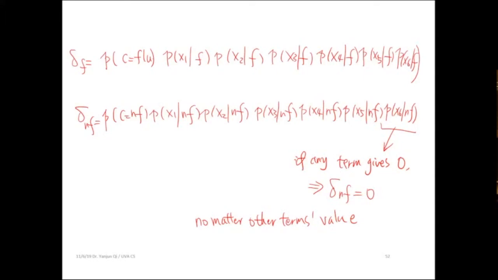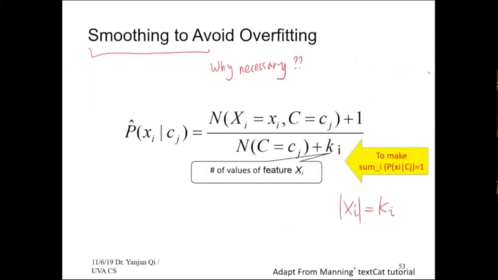But there are a lot of cases where some value combination coupled with output yes simply does not exist in my training data. Then how do you deal with it? There is a lot of tricks called smoothing. The simplest trick is you just add 1 to the numerator and add the number of possible values to the denominator, and this can give you at least a good baseline for the non-zero case.